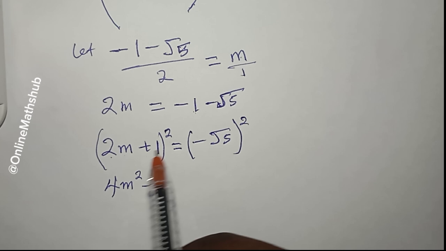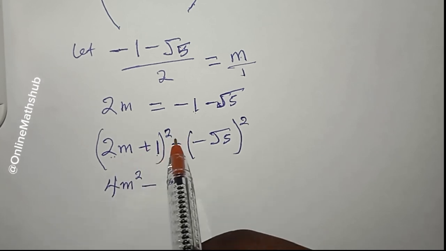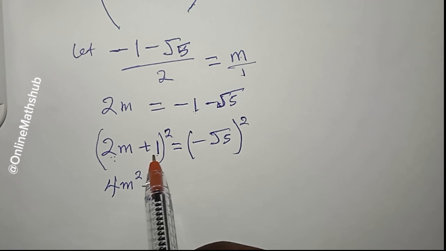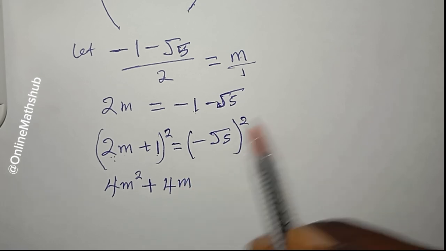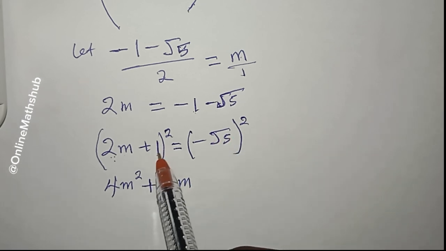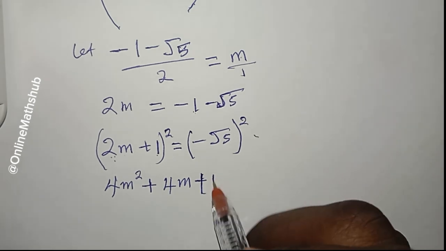Then 2 times 2m is 4m, and 4m times 1 gives plus 4m. Next, you use the last term to multiply itself: 1 times 1 is equal to 1.